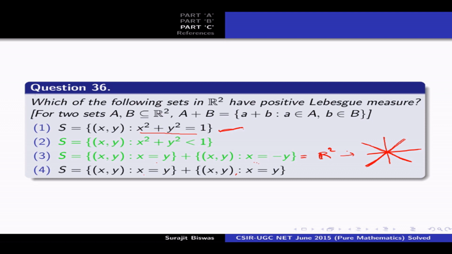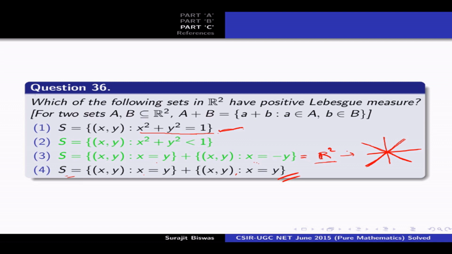We will draw a picture and we'll see. The third one is equal to R2, so its measure will be infinity, in particular positive. And the last one we will show to have Lebesgue measure 0. Basically, we will use Fubini's theorem as the main tool for all the proofs.